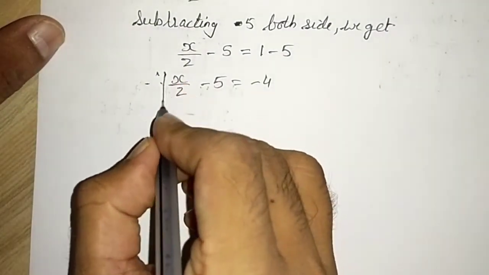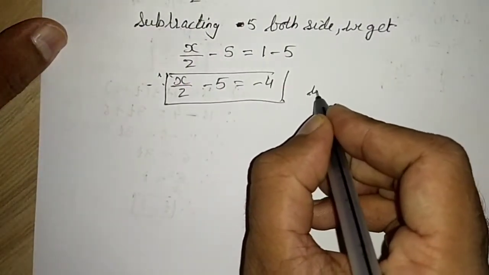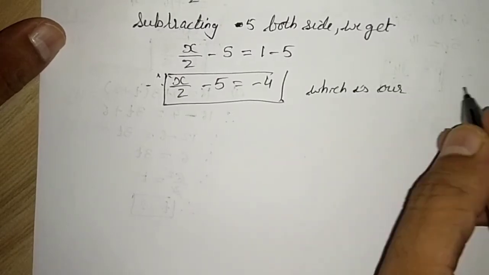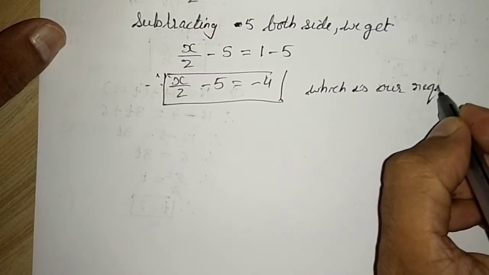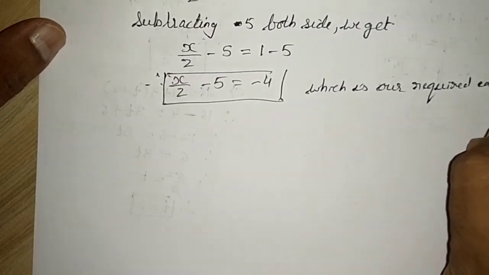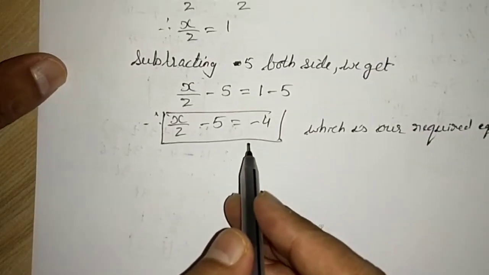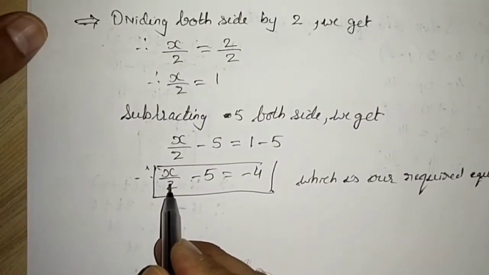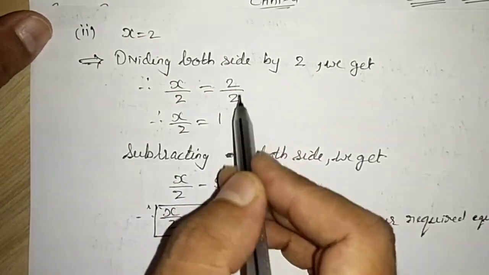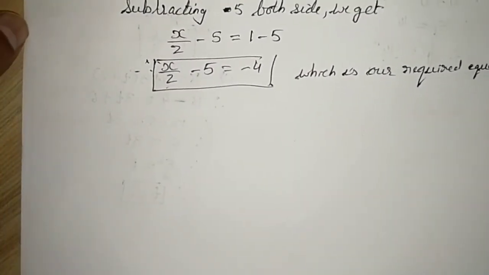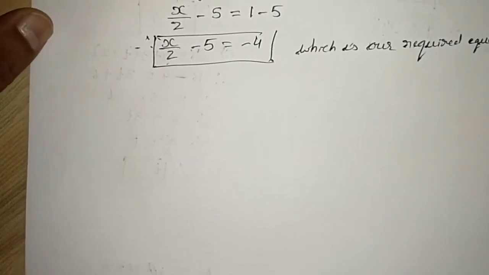Therefore x divided by 2 minus 5 is equal to minus 4. This is our required equation. As told in the first equation, try to put x is equal to 2 over here. You will get your answer as minus 4 in LHS. And try to solve, you will get LHS is equal to RHS.